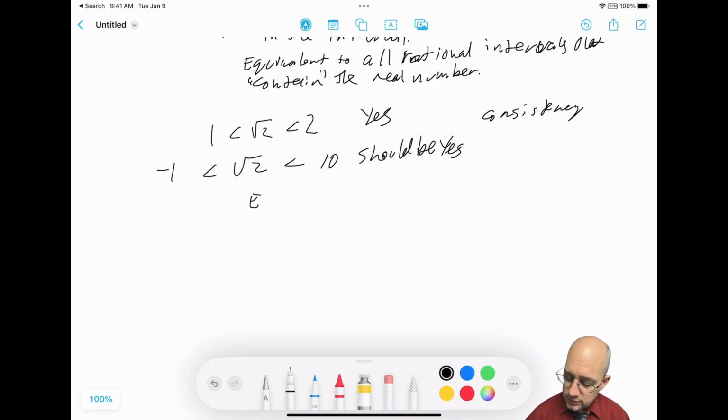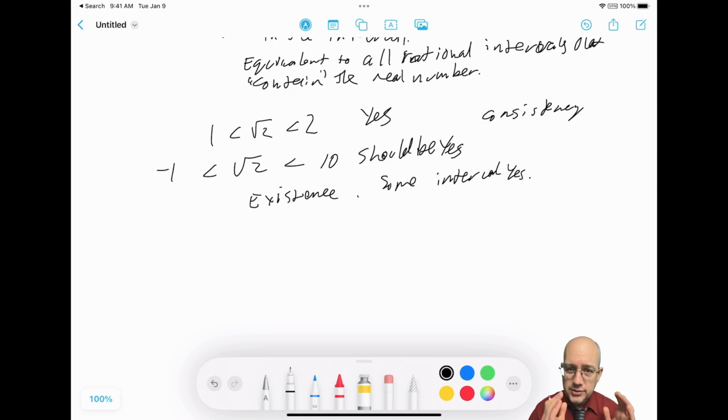Another thing you want is existence. So some interval is yes. It's really important to have that. Not just because, obviously, if there is no interval that exists, then you don't have the number. But in some of the algorithms we'll talk about for computing a real number, you have a starting interval.